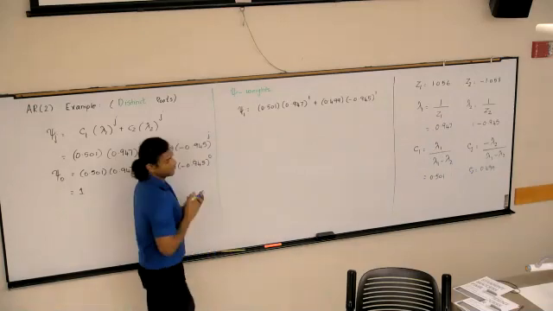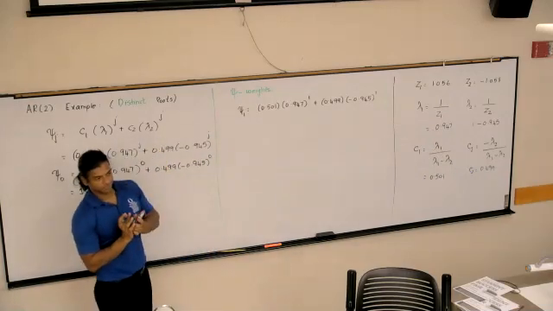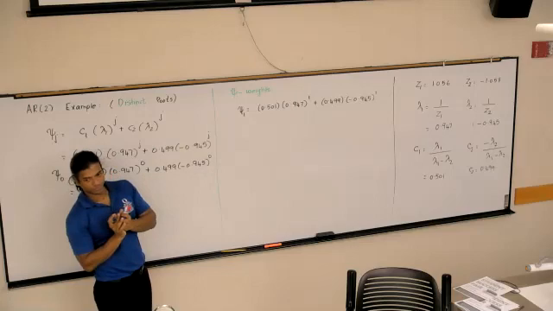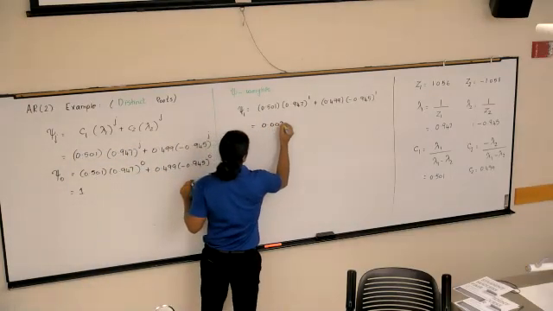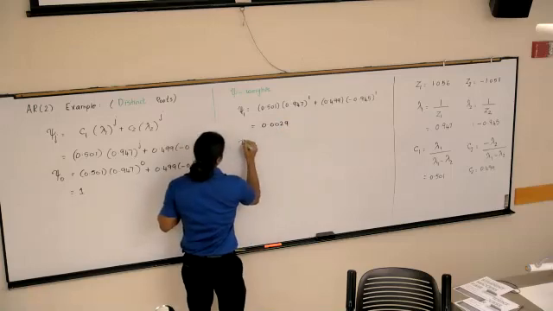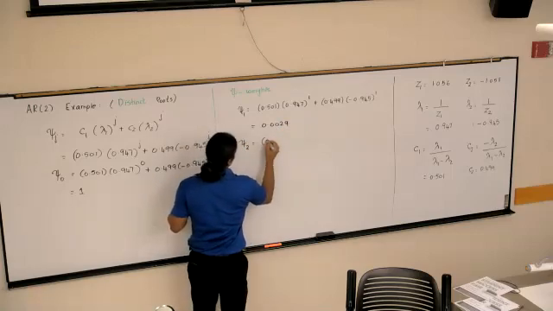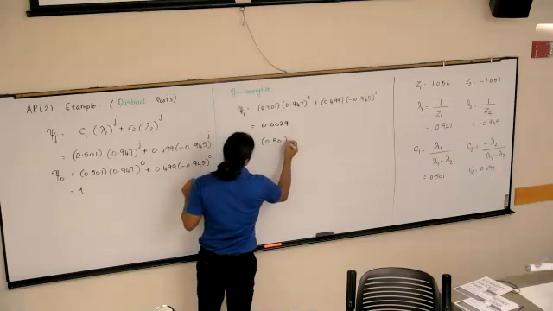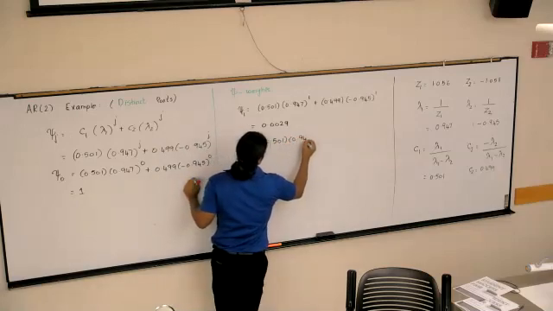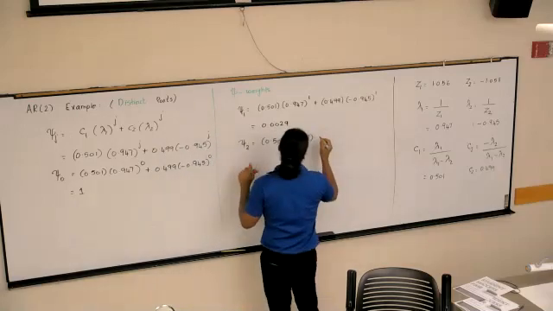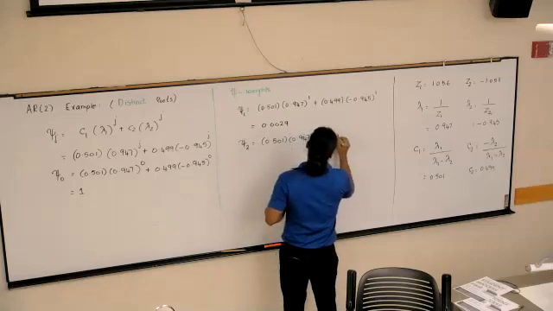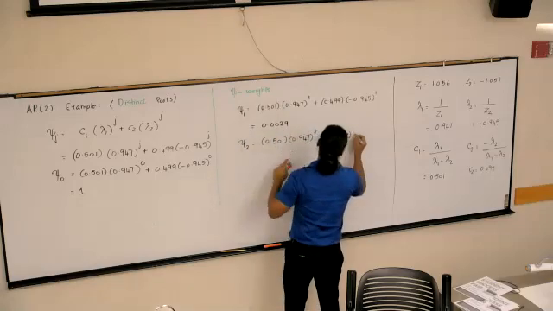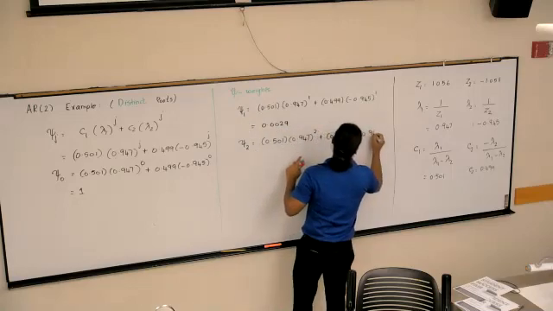And when I find psi 1, what do I get? 0.0029. And let's find psi 2. Go ahead and find psi 2, psi 3, and psi 4 for me, because once we do this, I'll show you how this relates to the plot.